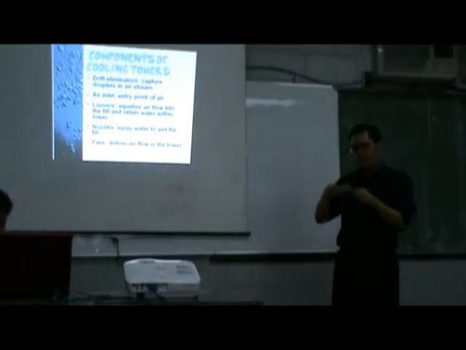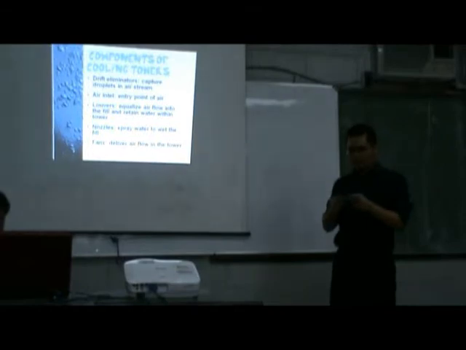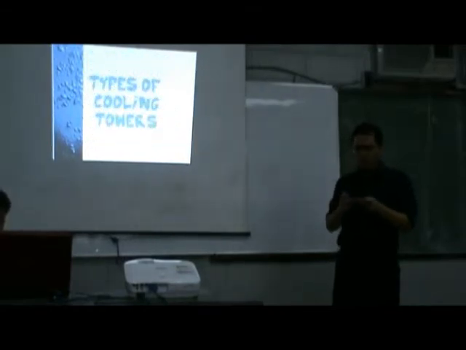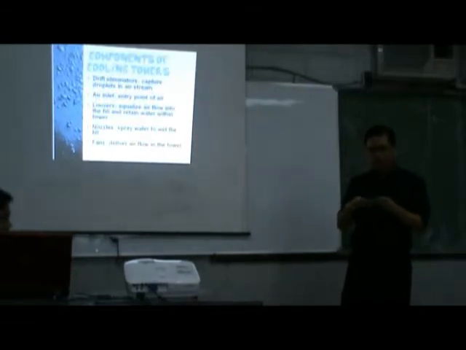And next are the fans. These are used for mechanical cooling towers. So there are propeller and centrifugal fans. Propeller fans are used in induced draft towers, while propeller and centrifugal fans are for forced draft towers.